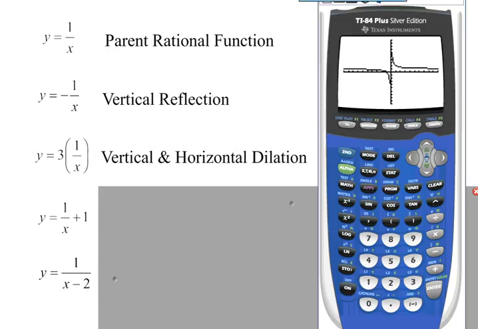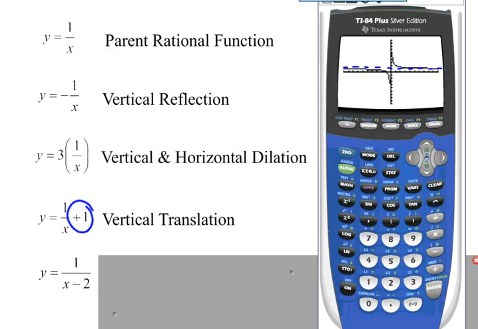So by looking at this, we can see a little more clearly now that our horizontal asymptote, which used to be at y equals 0, has shifted up to y equals 1, which tells us that this plus 1 in our equation is a vertical translation. And this isn't anything new to us. We've learned throughout the course that if you tag a number onto the end of an equation, it's going to shift it up and down. Positive is up, negative is down.